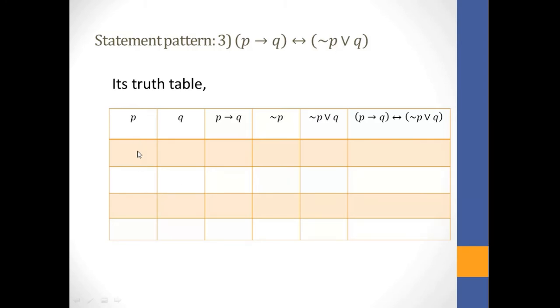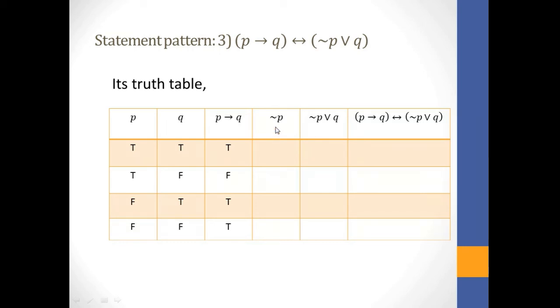Now see the table for P as usual, Q as usual: T T F F, T F T F. Now as per the requirement, the third column is P implies Q. So T implies T is T. T implies F is always F. Then F implies T is T. And the last one, F implies F is T. So this column is completed.